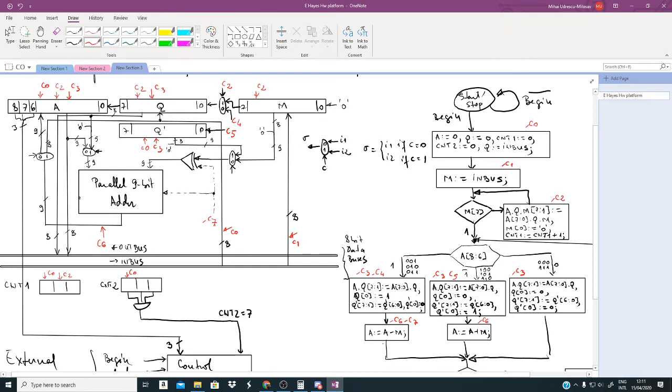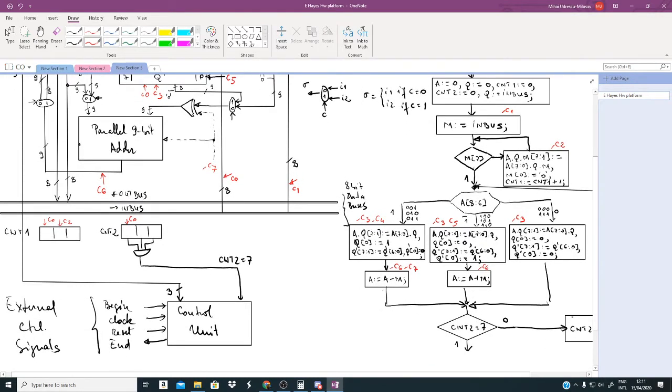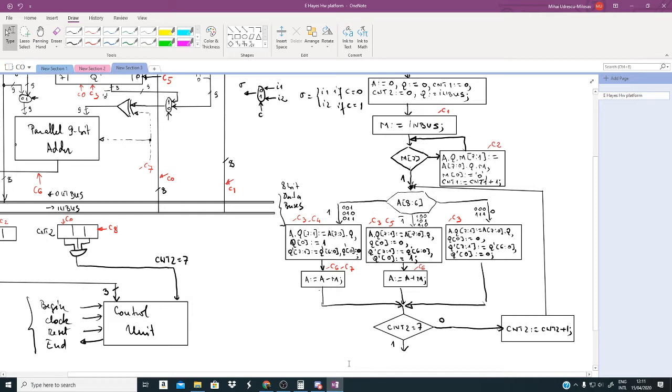Good. Then we'll have to use C8 to increment CNT2 with this counter. So we'll use C8 here. Good.